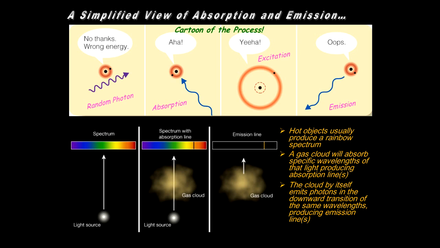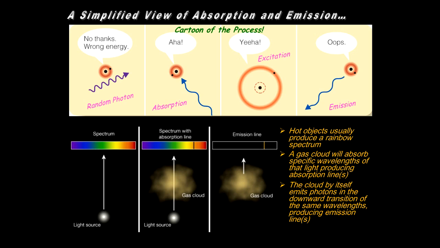And then the gas cloud itself, because it's got those same atoms in it, some of the electrons which are in an excited state will spontaneously transition down to a lower state and produce that same photon, but this time it's an emission photon. It's producing the photon rather than absorbing it. And there's the entire process.